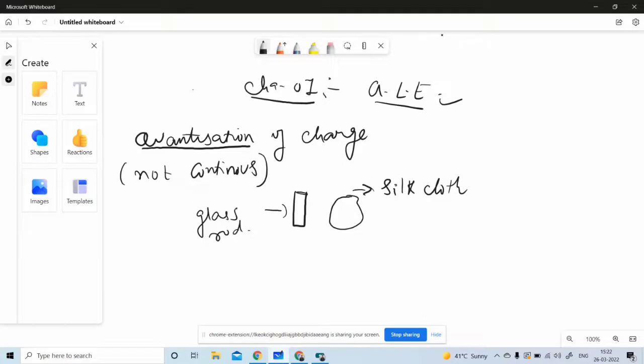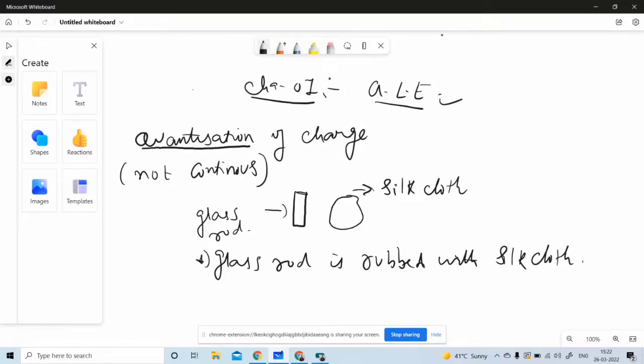Now suppose I am rubbing the glass rod with the help of silk. It is found that the glass rod will lose a few electrons, or we can say that electrons will be transferred from the glass rod to the silk cloth.